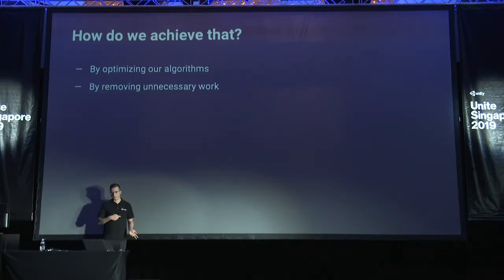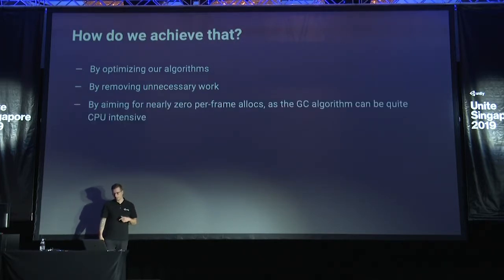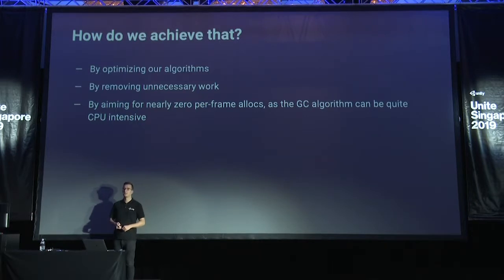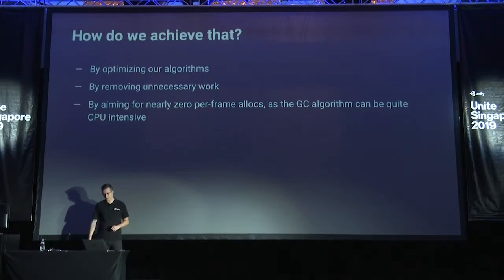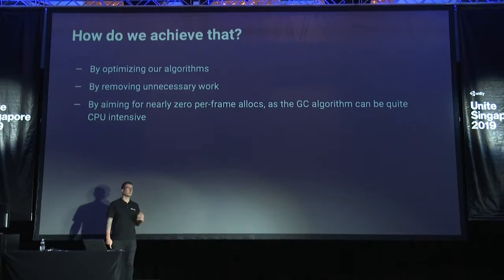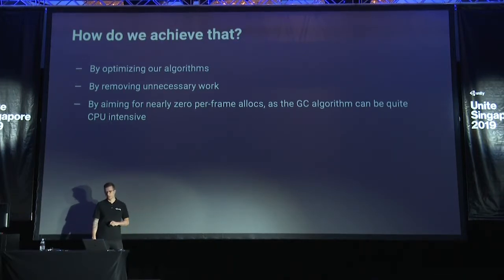This could be something as simple as changing the order in which you iterate through a 2D array, but it would also aim for zero per frame allocations. If you allocate memory on a per frame basis, you are quickly going to run into issues with garbage collection. Unfortunately, the garbage collection algorithm can be quite taxing on your CPU. So per frame allocations are something to avoid.